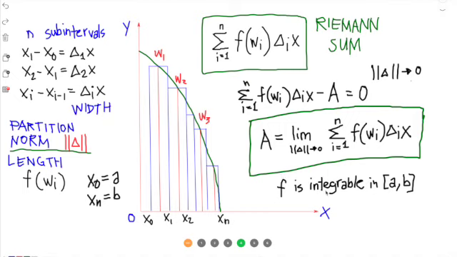Okay, so our function is integrable, therefore we can integrate it from a to b.